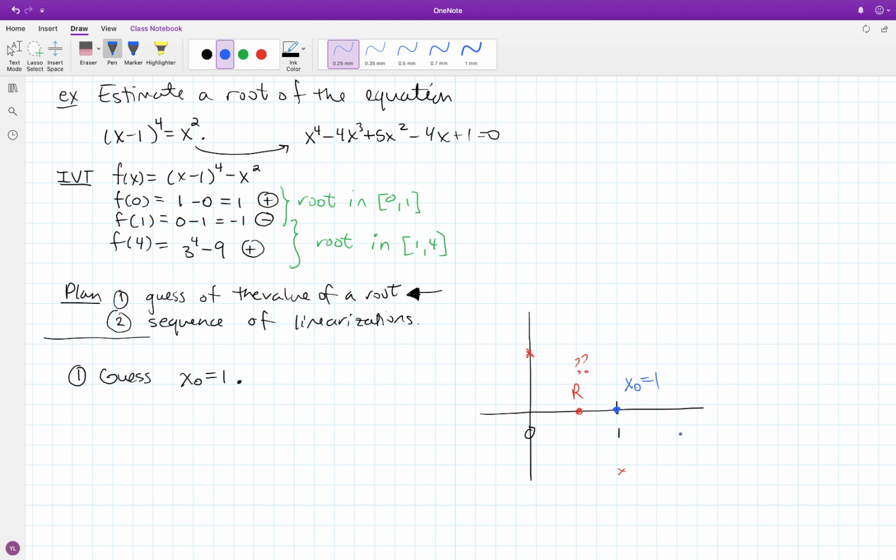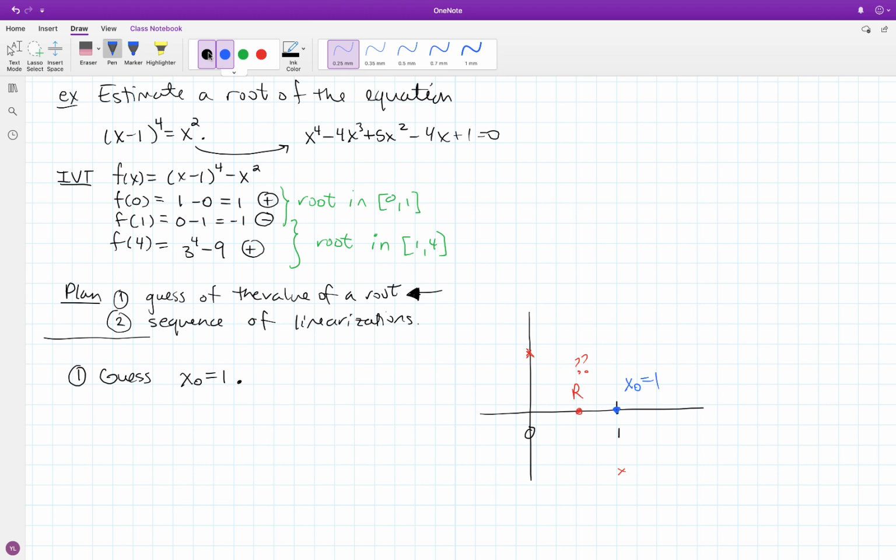The theory of linearization says that the linearization of the function at x equals 1 should be close to the function, just nearby to x equals 1. Well, hopefully the root is nearby. So whatever my linearization is doing as far as hitting the x-axis should be similar to what my function is doing as far as hitting the x-axis.